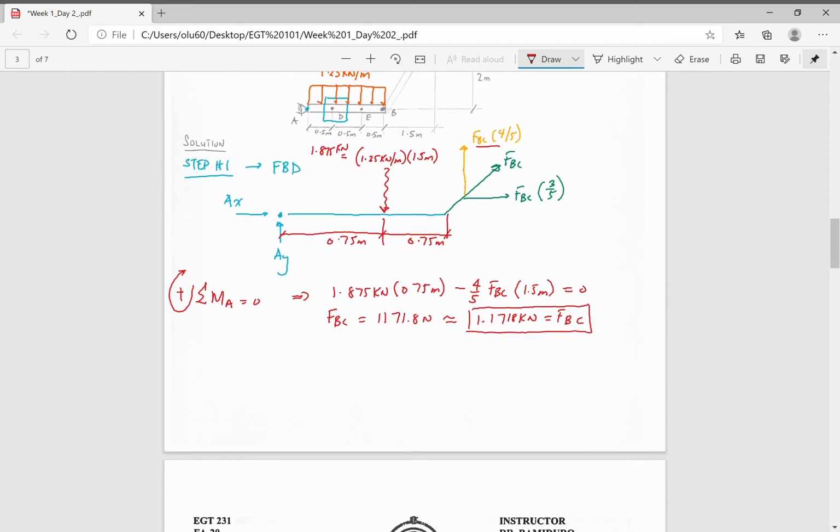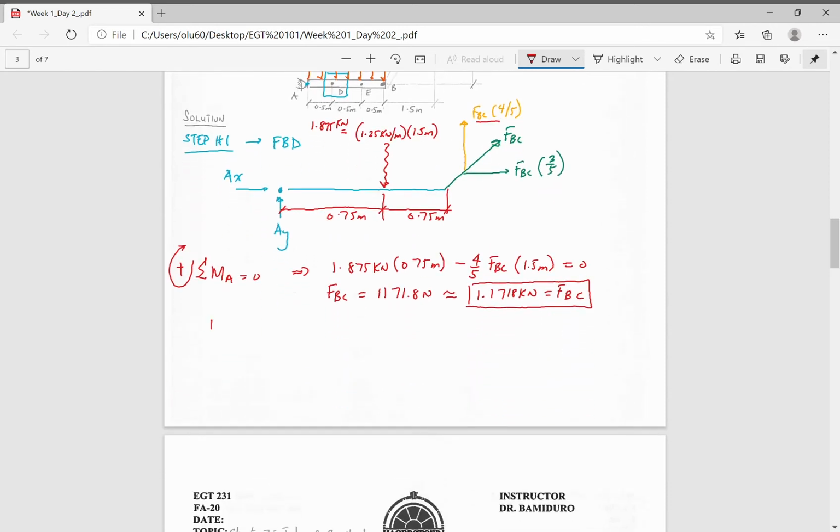Found that. Now we can go on to the sum of the forces in the y direction equals 0. I have my AY minus 1.875 kilonewtons plus 4/5 FBC equals 0.